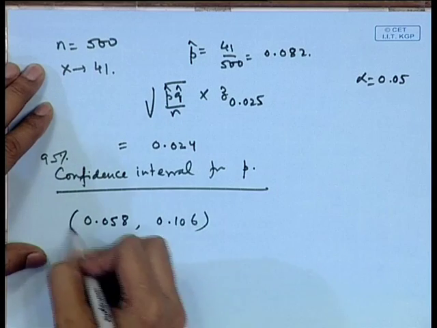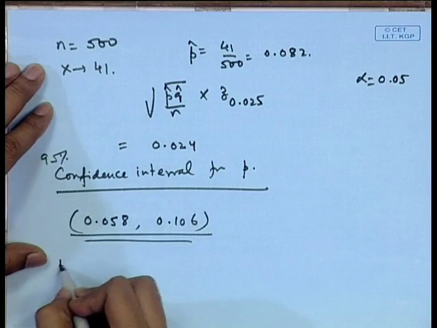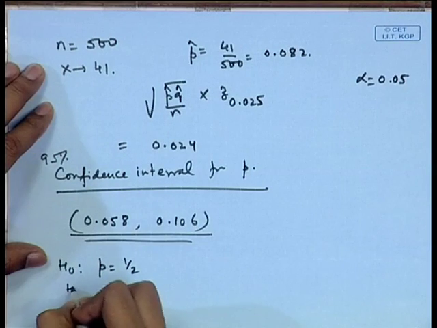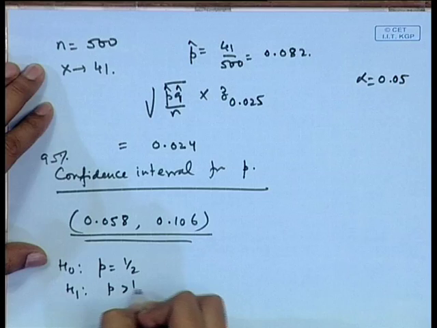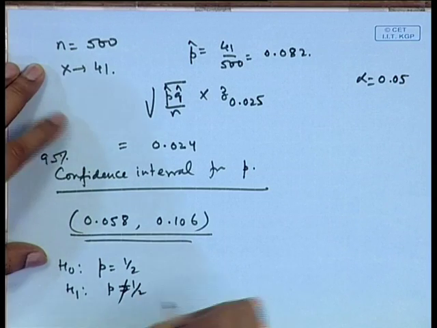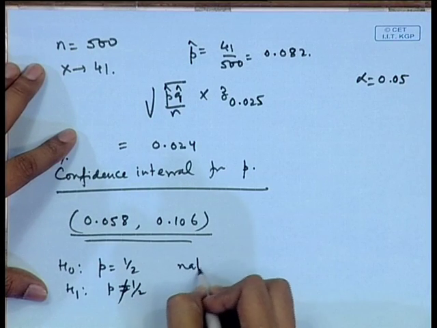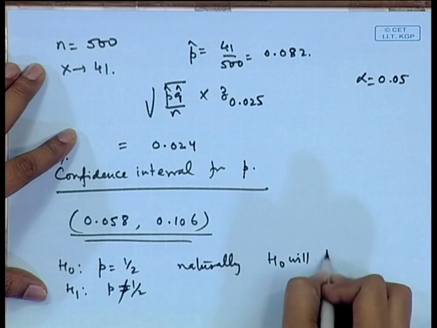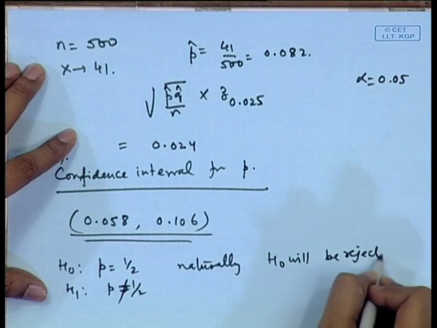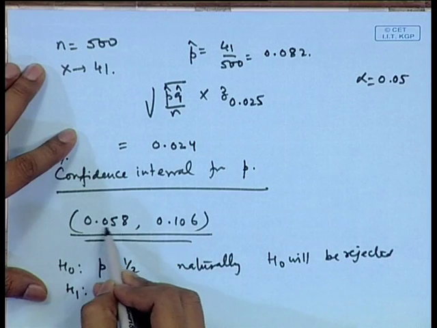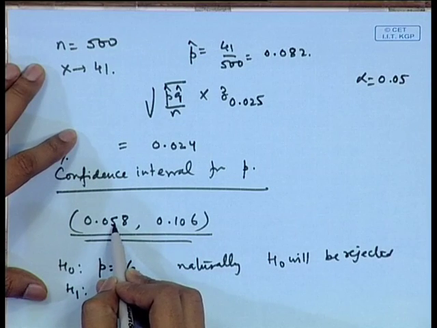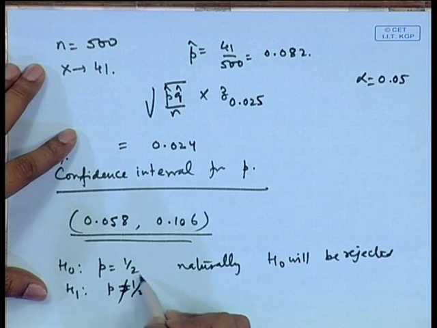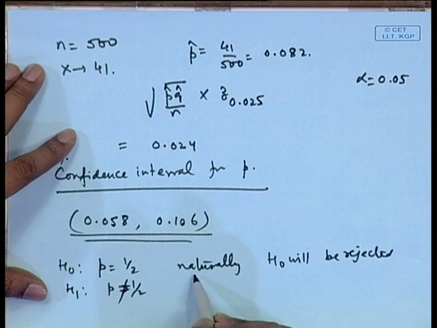0.106. So, easily you can see, suppose I am testing here the hypothesis H naught: p is equal to half against H 1: p is greater than half or p is not equal to half, then naturally H naught will be rejected. You can easily see here the value is actually lying between 0.05 to 0.1. So, if I am testing the hypothesis p is equal to half, then naturally it will be rejected.